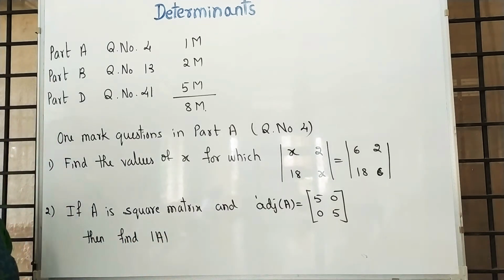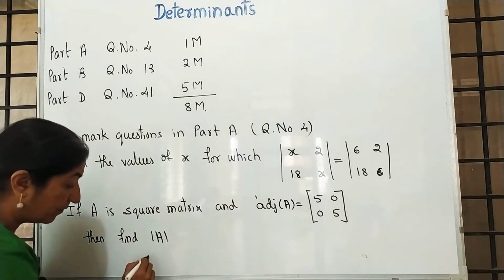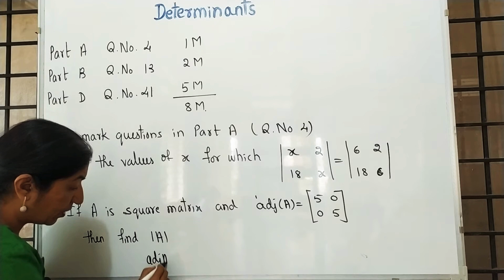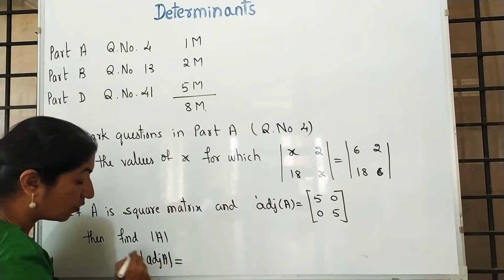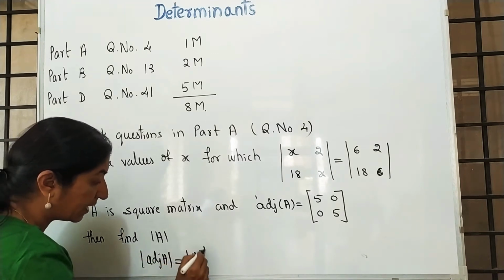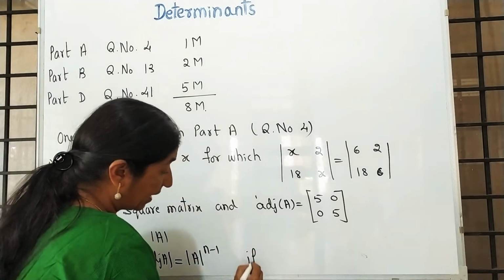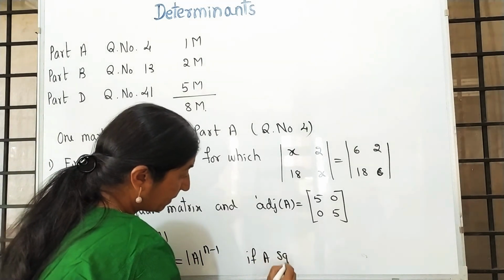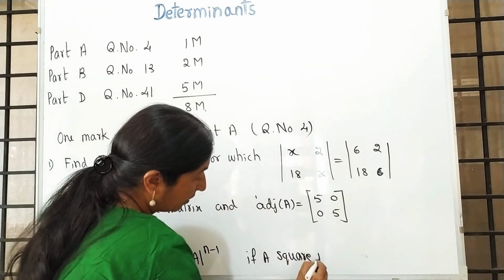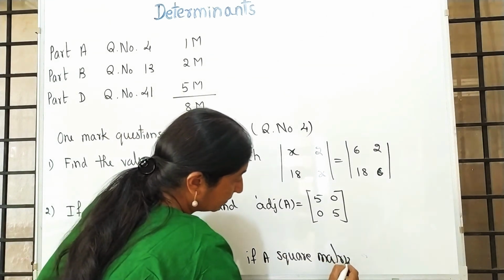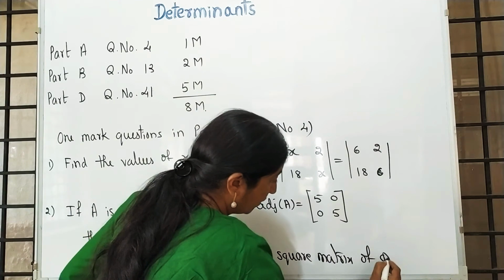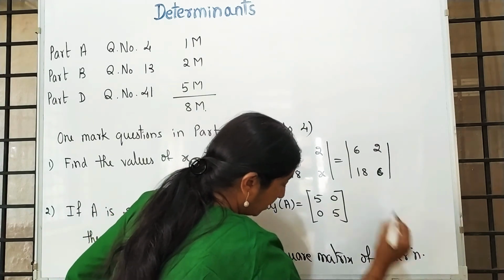See, if A is a square matrix of order n, then we have determinant of adjoint A is equal to determinant of A raised to n minus 1. This is the result.